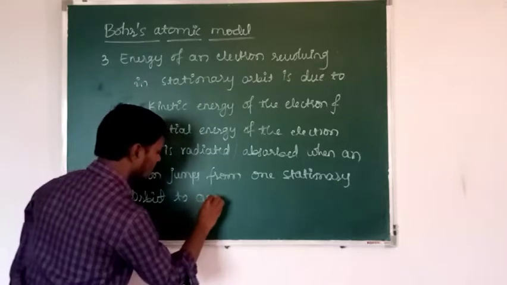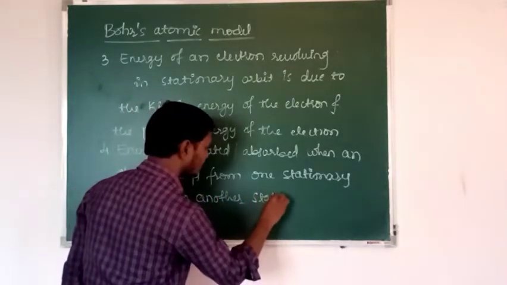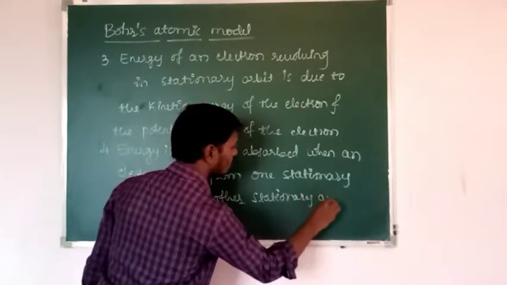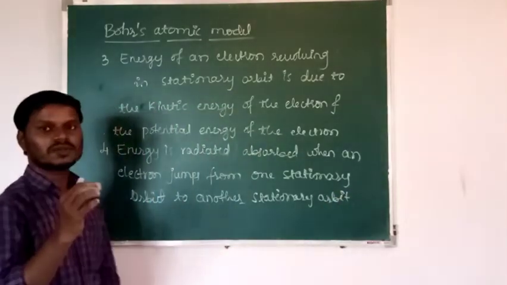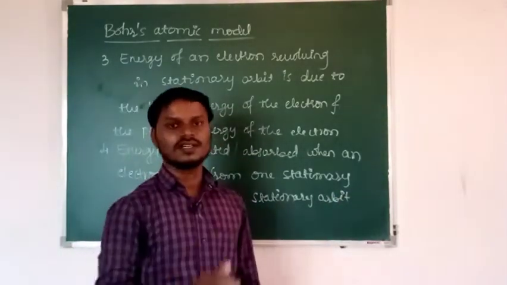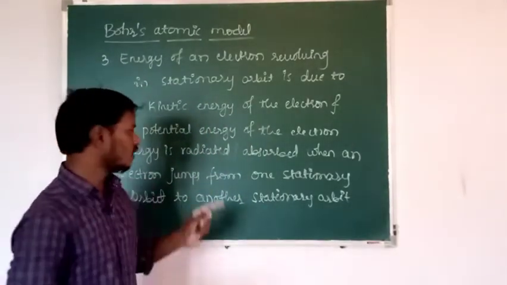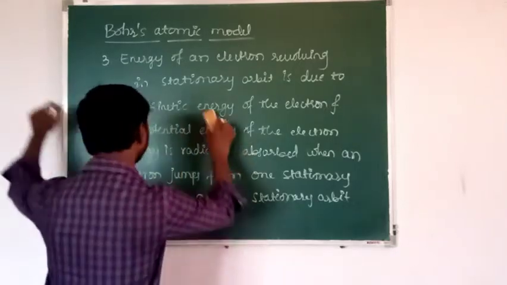So what does it mean? See here, when an electron jumps from a higher stationary orbit to a lower stationary orbit, here the energy is radiated in the form of electromagnetic radiation.